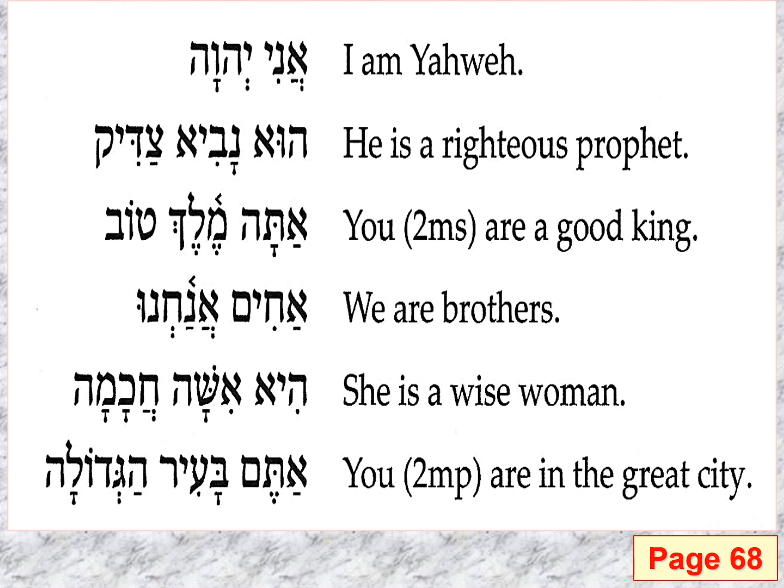Ir, meaning city, and then you see the bet preposition, but the bet preposition does not have the expected vocal shva. It has a qamets. Why? Because the bet preposition has punched out the he of the definite article.